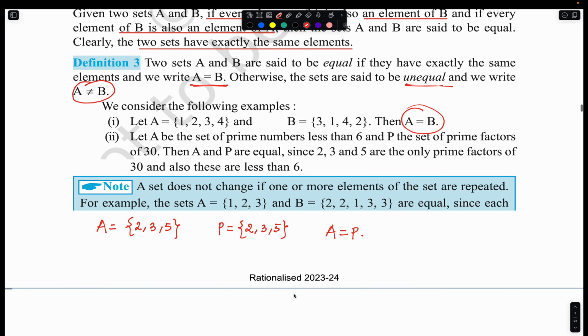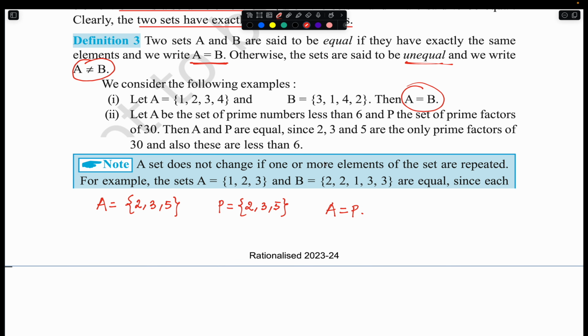Now let's see one note. A set does not change if one or more elements of the set are repeated. We have already seen in our definition of set that a set is usually a collection of well-defined unique objects. So if you repeat one of the elements inside the set, it is not going to make any difference. Say for example you have set A written as 1, 2, and 3, and in set B you are repeating 2 twice and 3 thrice, but the unique elements are still 1, 2, and 3, correct?